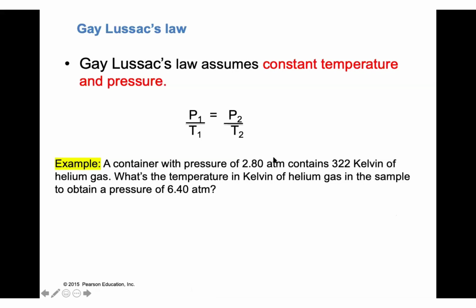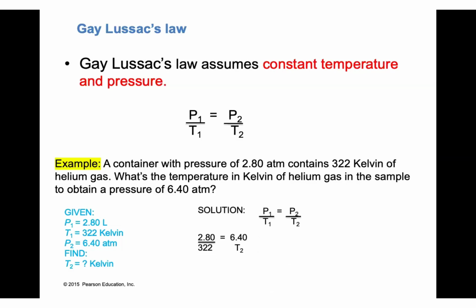It says we have a pressure of 2.80 at this temperature, and it asks what temperature I have if I have to obtain a pressure of this. So I'm going to do that, and the answer will be 736 Kelvin.